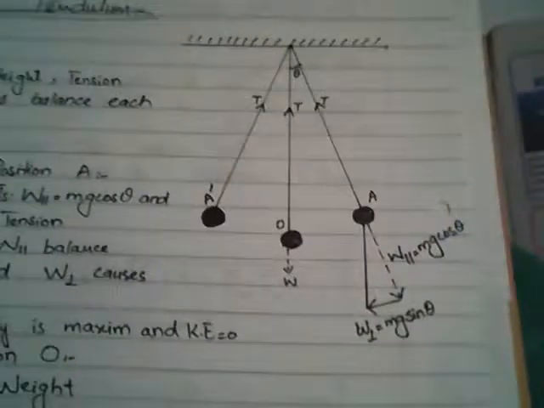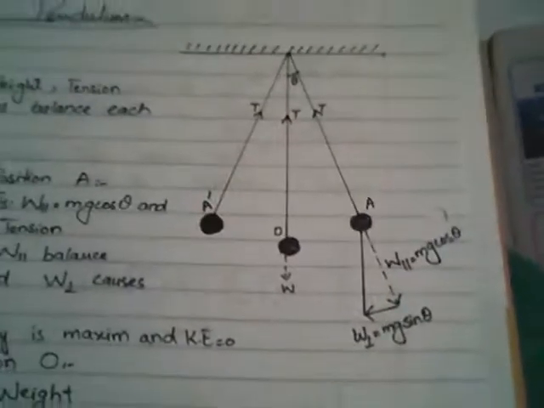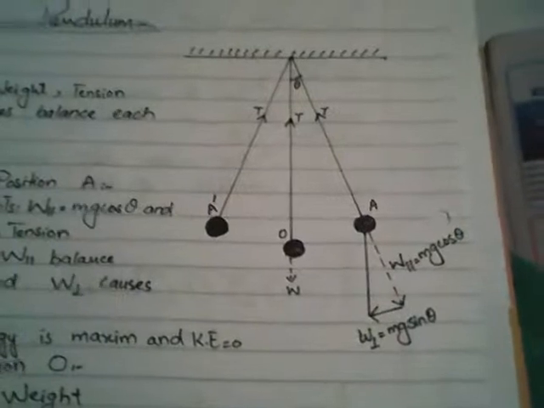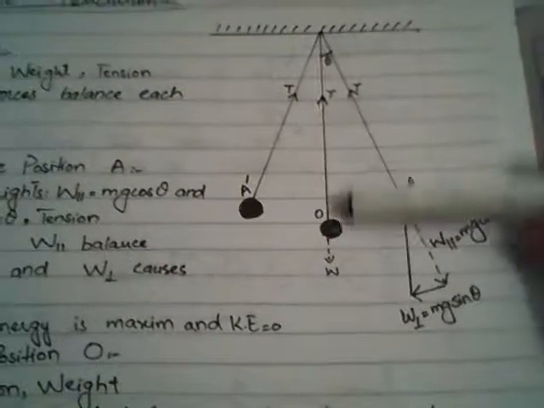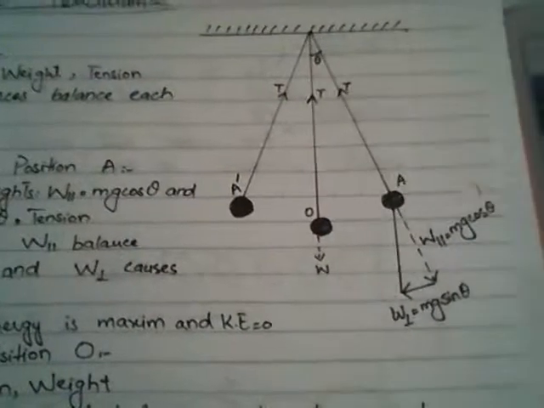From the diagram given, you can see that we have attached a bob with a string, and in turn the string is attached to a fixed support. This is the mean equilibrium position.